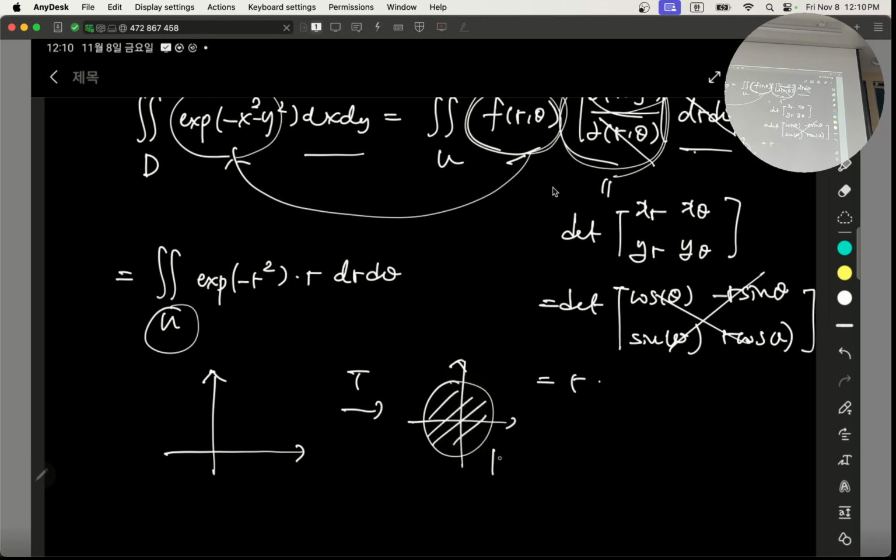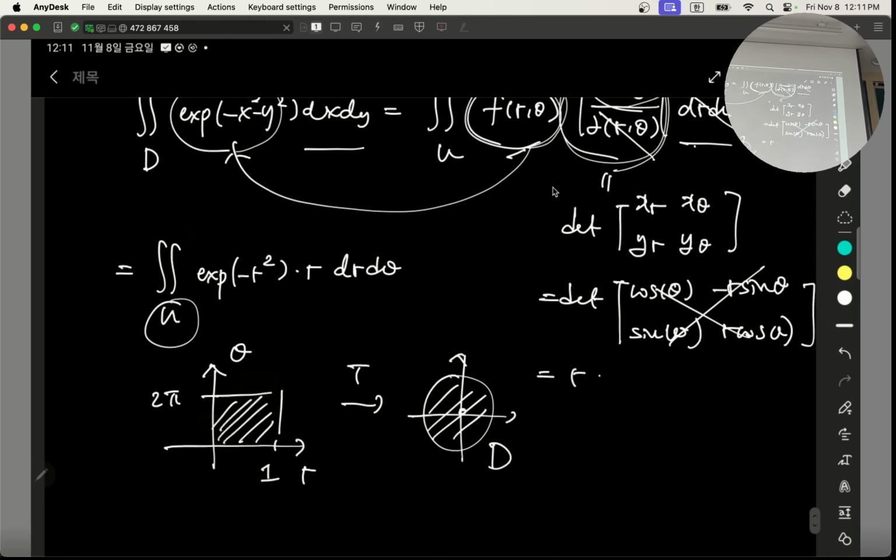But here is our D. If I say this is r, then the radius can go up to 1, and the angle theta can be from 0 to 2 pi. So r is from 0 to 1, theta is 0 to 2 pi, and these two, r and theta, are independent in order to comprise all the region inside the circle. So this is our U, the rectangular region.